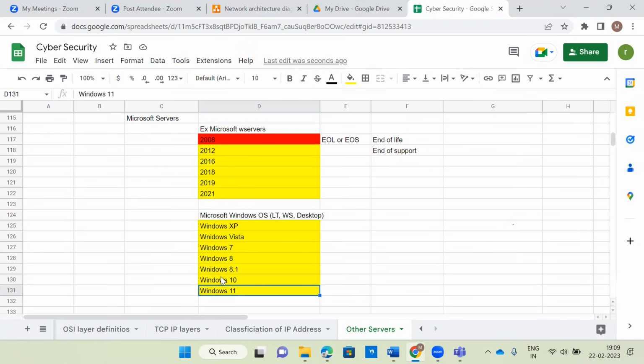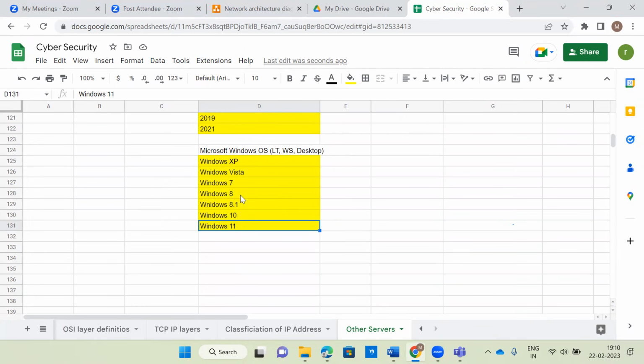That means a phishing email attacker is trying to carry out a phishing attack on one of the end user systems. In a similar way, a ransomware attack compromised a 2012 server, IP address 172.16.1.1. That means ransomware compromised a Windows Server. This is the way we can identify whether it is an end user system or a server, based on the operating system. So that is about Microsoft overall.